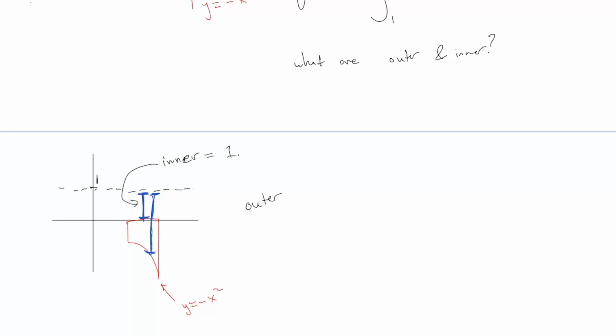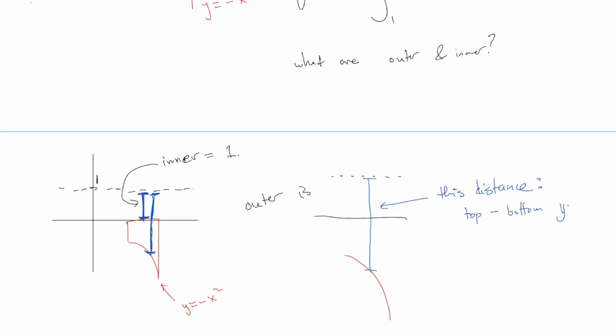So the outer is, if I were to just draw this one more time, the outer is this distance here, right? And the way that I would find this distance, I would suggest this vertical distance would be the value at the top minus the bottom. Top minus the bottom y values.